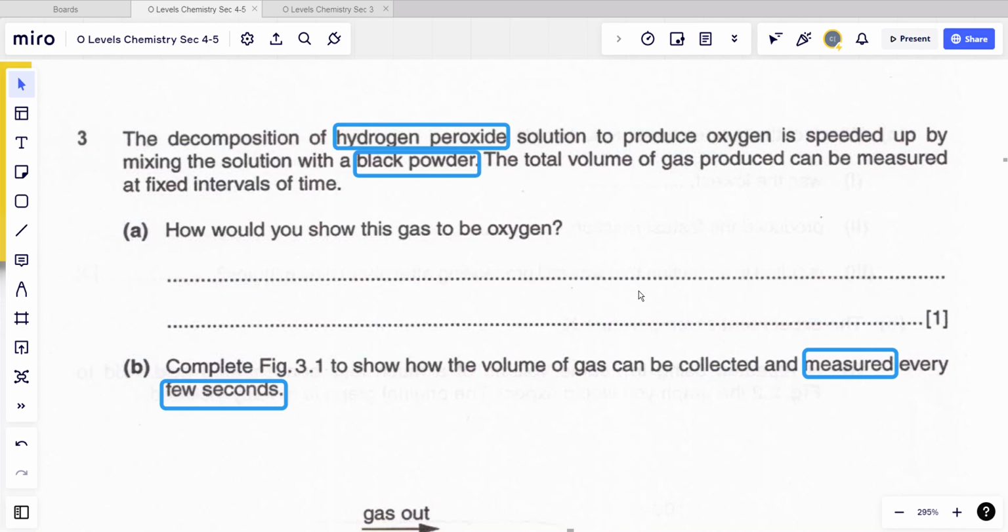It looks like water, but it's not water, so do not be mistaken. You have to know it. It has come up almost every year. Maybe not with this question, but another kind of question.